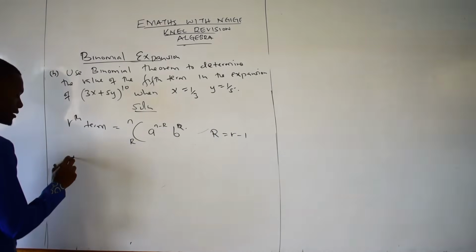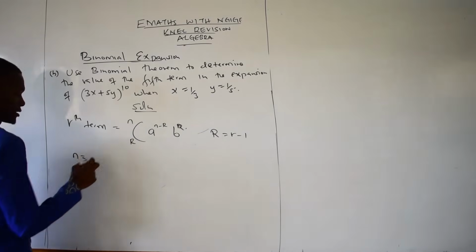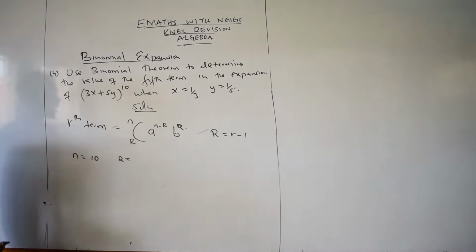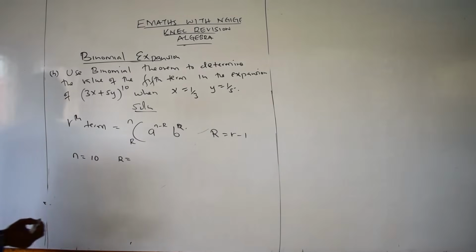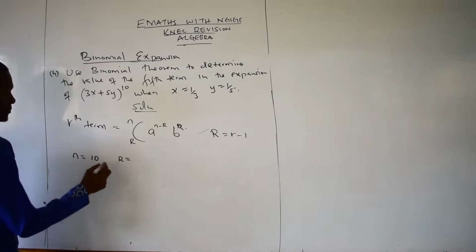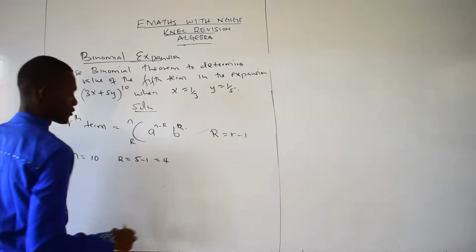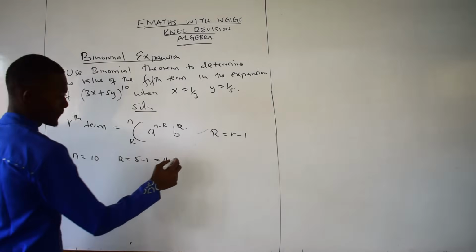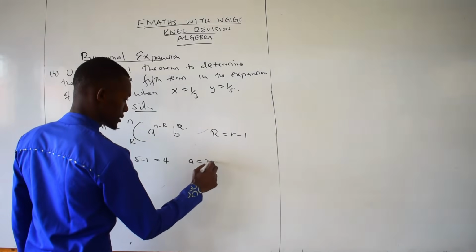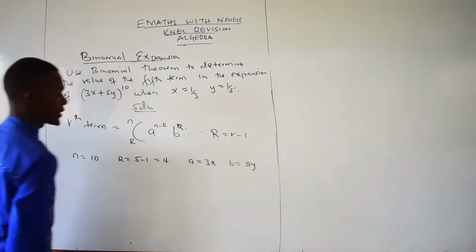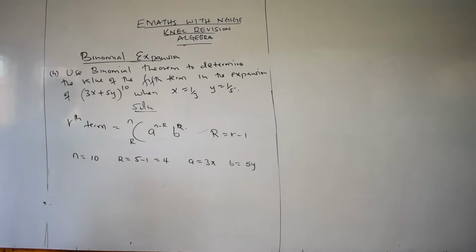Now our n is our power here, then we have our r, we say it is r minus 1, where r is the term that you are finding. So you are finding the fifth term, so it will be 5, then minus 1, which gives you 4. Then our a is the first term, which is 3x. Our b is the second term, which is 5y. Then what else are we missing?